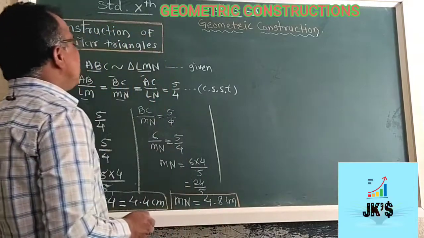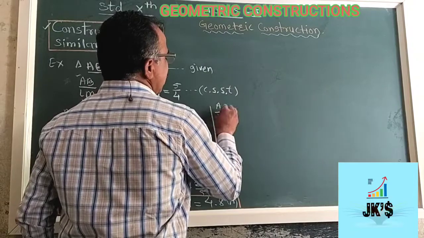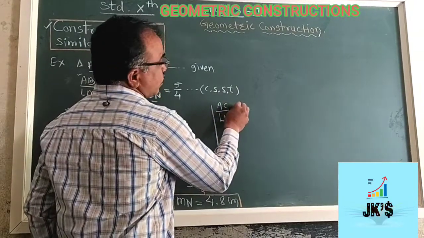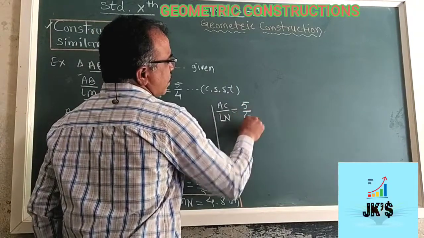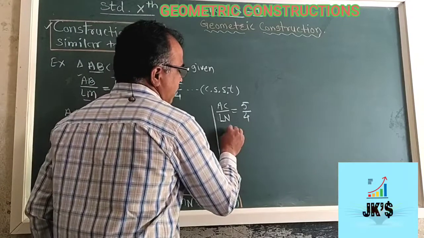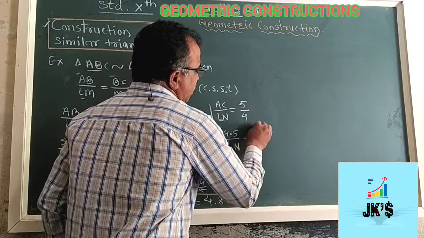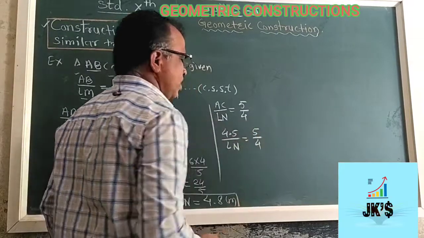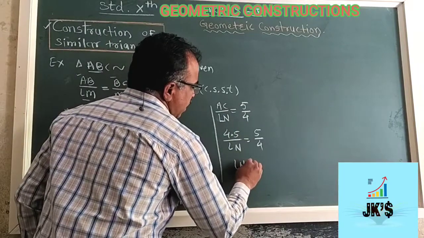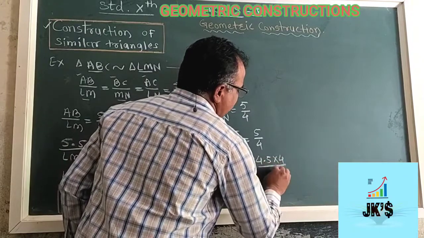Now take the other and remaining one, that is AC upon LN. AC upon LN equals 5 by 4. The length of AC is given as 4.5, so 4.5 divided by LN equals 5 by 4. Again, by cross multiplication, LN equals 4.5 into 4 divided by 5.